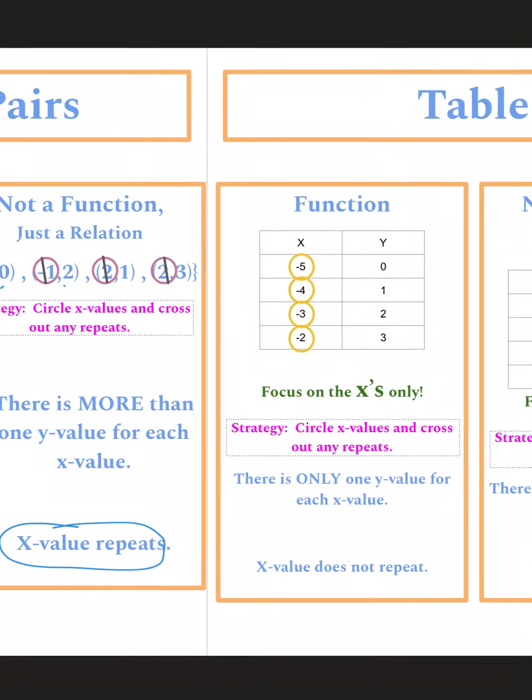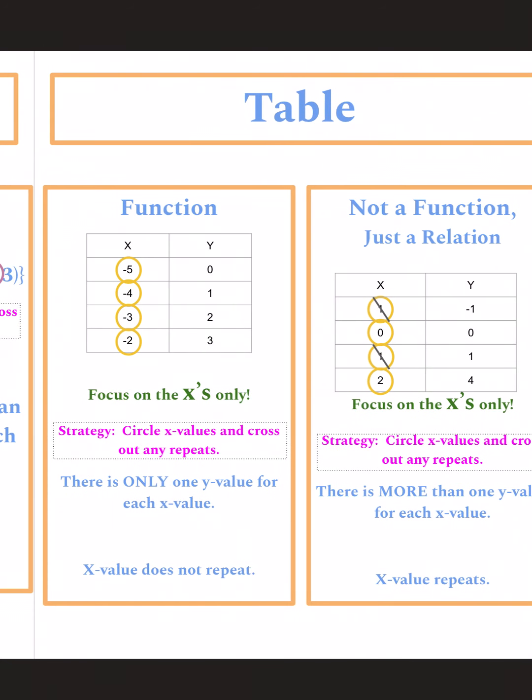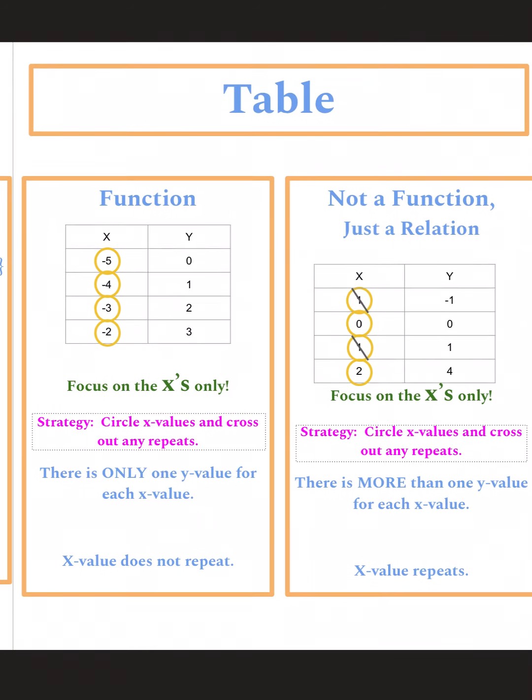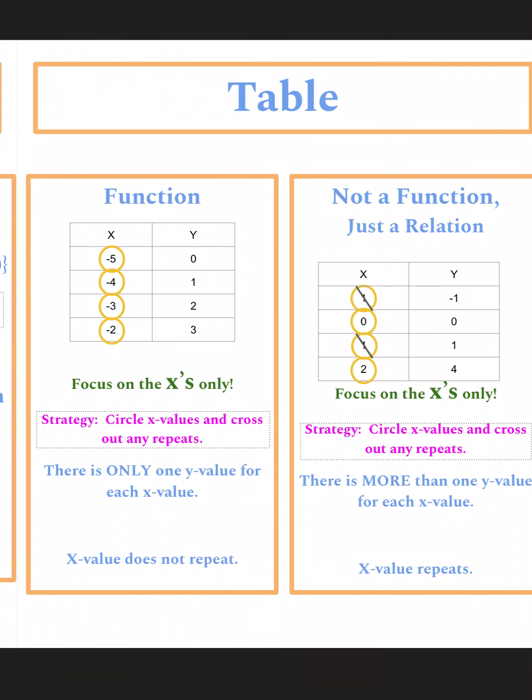The next representation we're going to look at is functions from a table. Again, we focus on the x values. You can see they are all circled here on the left. None of the x values repeat, which means this is a function. So x value does not repeat, it is a function, similar to the ordered pairs.